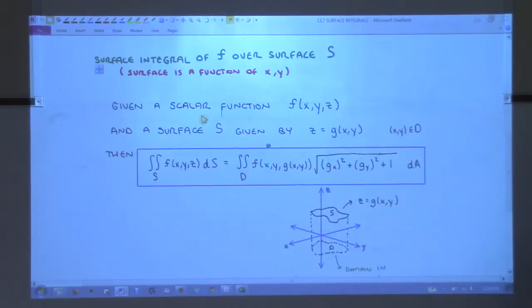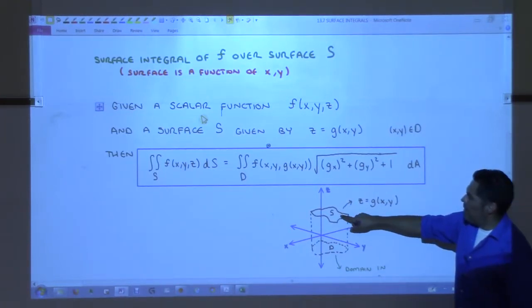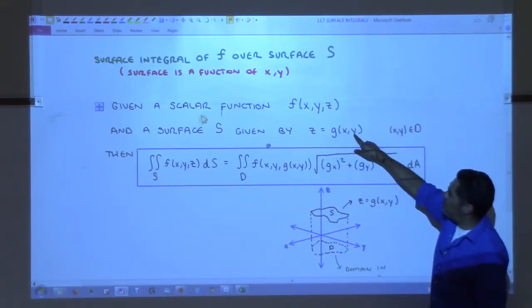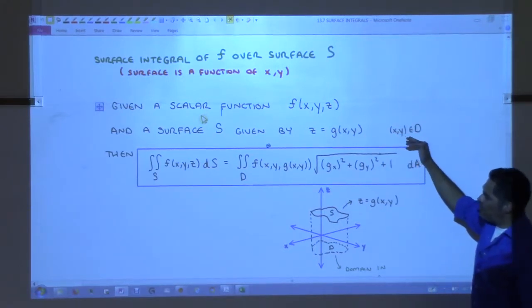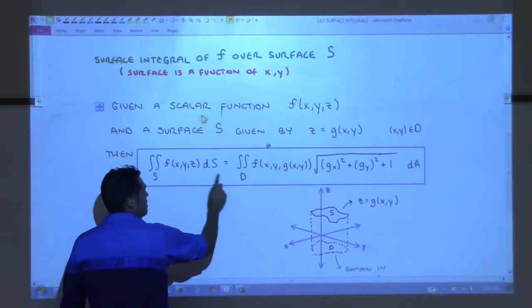And then we said there's a special case where when you do the surface integral, if the surface itself can be drawn, or it can be looked at as a function of 2 variables only. In other words, the z-coordinate is some function of x and y, then we are in the special case, and what happens is this surface integral becomes the double integral.